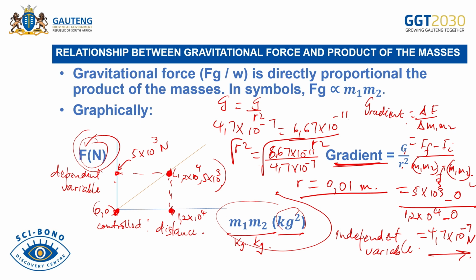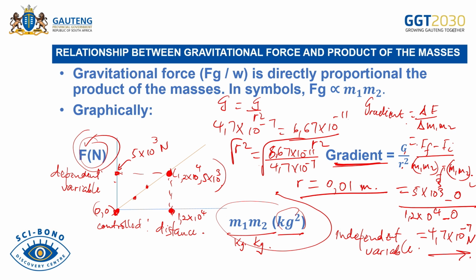But again, let's interrogate the graph. There's a dependent variable, there's an independent variable, there's a controlled variable. There is a physical quantity represented by the gradient of the graph. You are aware that the gradient of the straight line does not change. At each and every point, the gradient does not change.